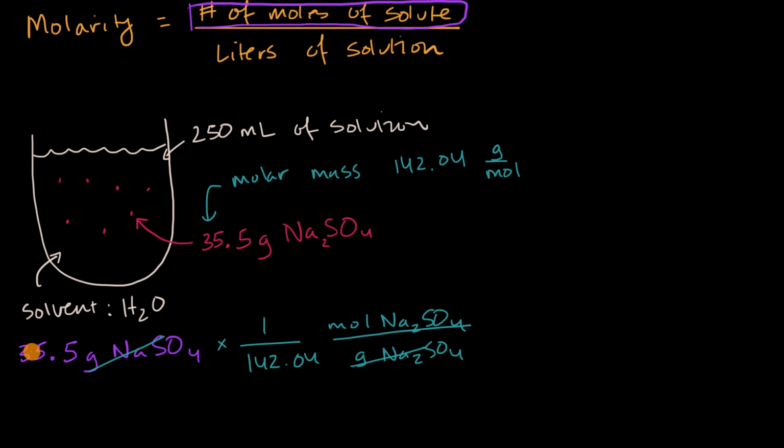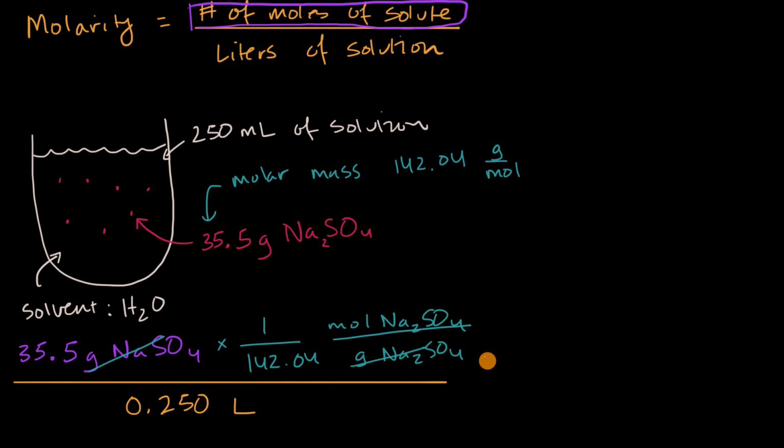We'll get a calculator out in a second and take 35.5 and divide that by 142.04. And then to figure out molarity, we want to divide by the liters of solution. So up here we have a calculation for number of moles, and then the liters of solution, 250 milliliters, is the same thing as 0.250 liters of our solution.